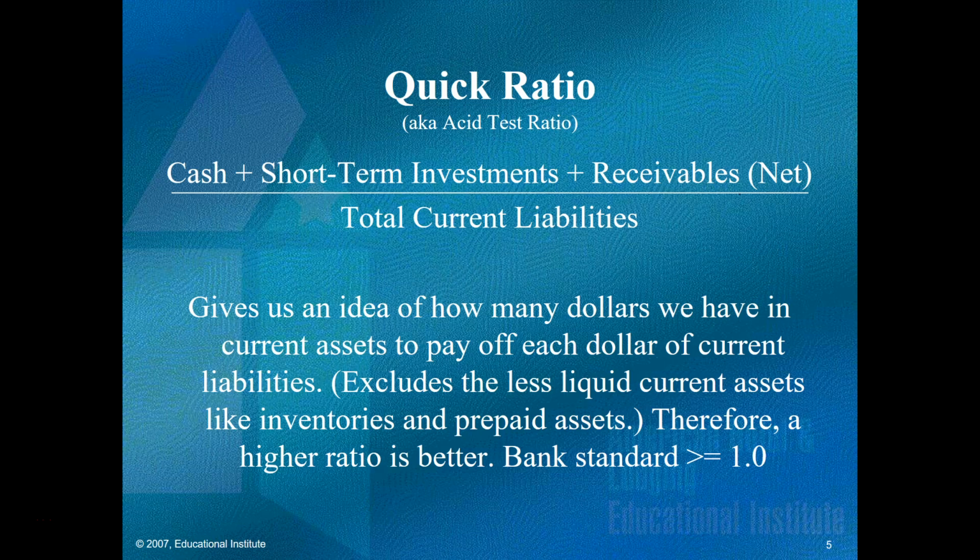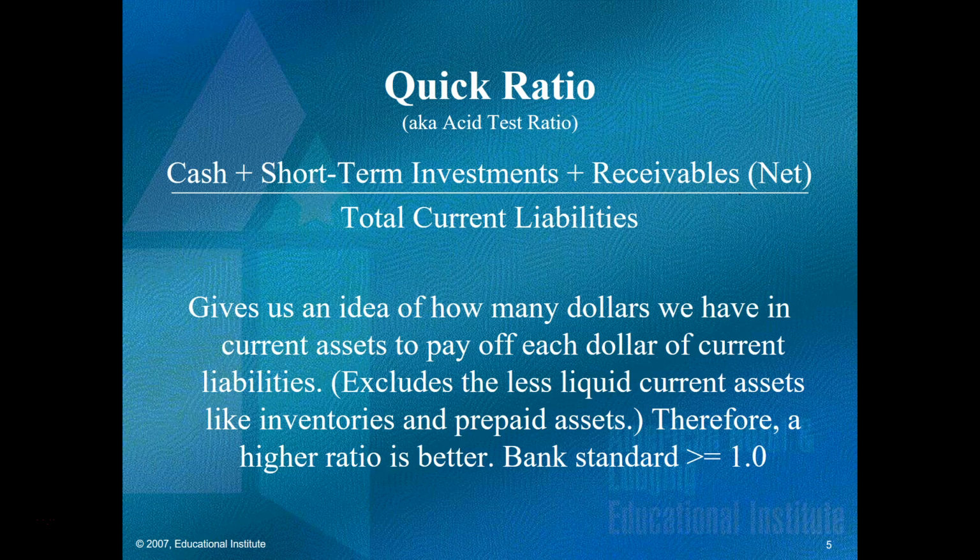So, again, higher ratio is better. This ratio is going to give you something like a 2.0, a 3.0. It's for every dollar that we have in current liabilities, how many dollars do we have in highly liquid assets to take care of those current liabilities.